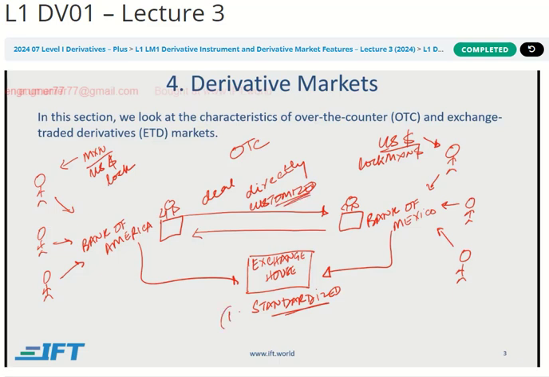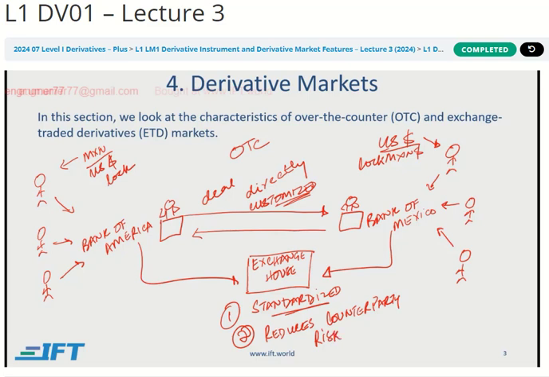The second point of an exchange house is that it reduces the risk, and specifically we're talking about counterparty risk, because there's an exchange house in the middle. Both the parties are dealing with the exchange house, and therefore the exchange house is responsible, and it reduces the counterparty risk.